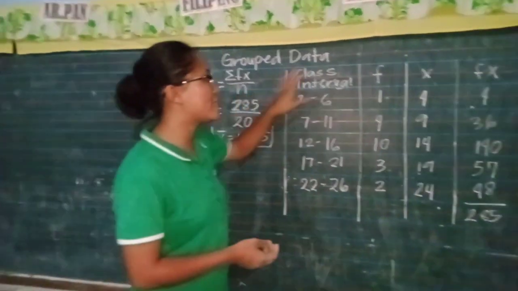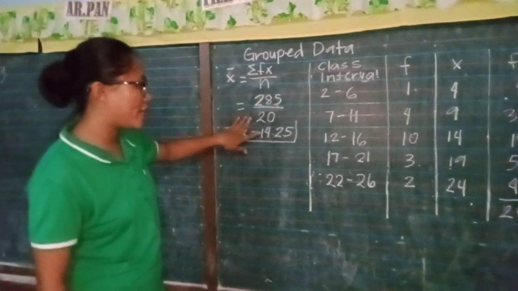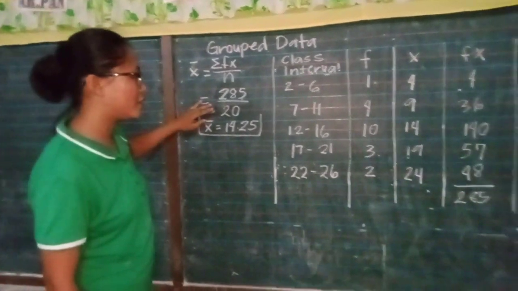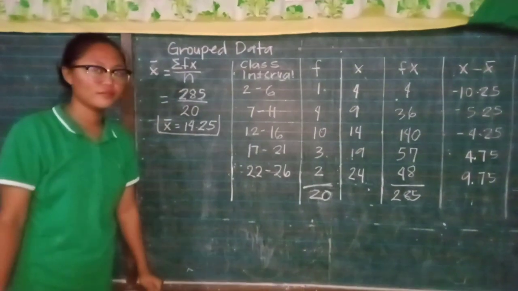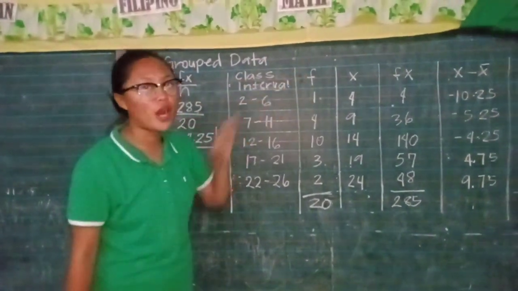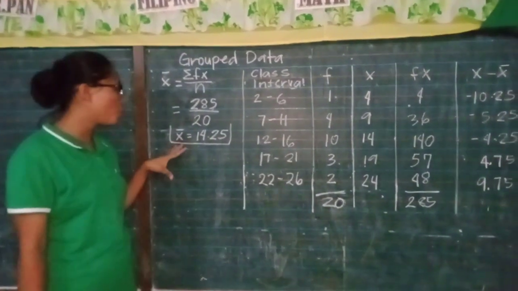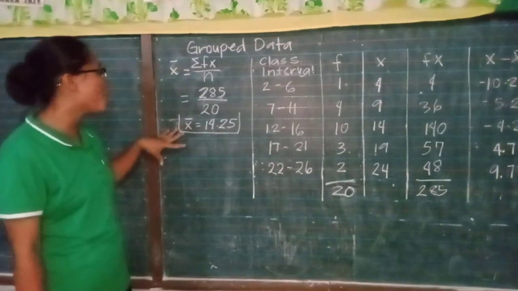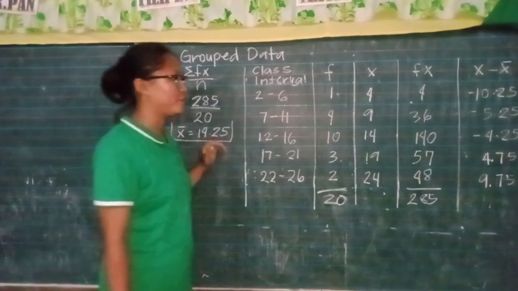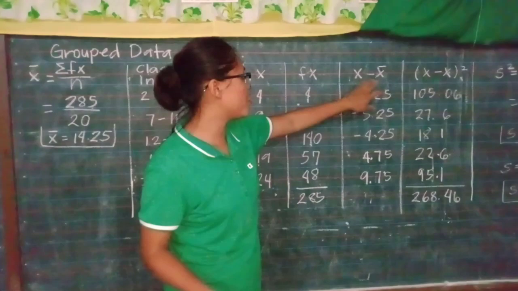Our 285 is the total number of our fx, and 20 is the total number of our frequency observation. And so our mean value is 14.25.